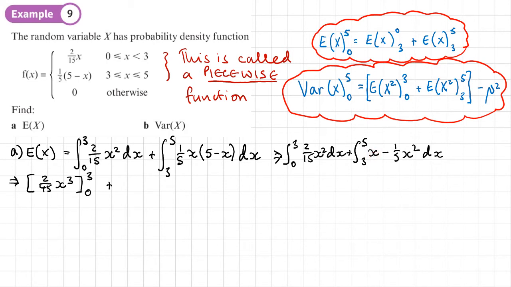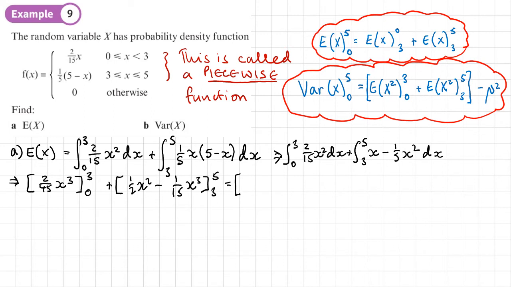So x will become half x squared when we integrate it, and then this 1/5 x squared will become 1/5 x cubed over 3, so minus 1/15 x cubed, and that's between 3 and 5. So now we're just ready to substitute.